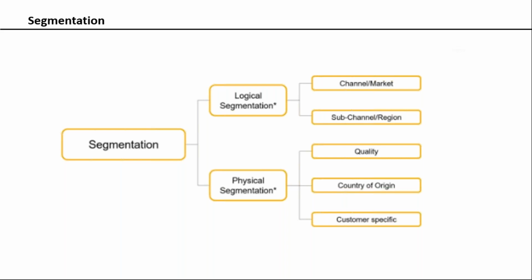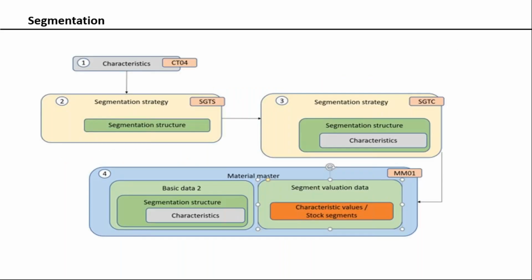That means different attributes of the product, so inventory can be differentiated based on different product attributes. These are the main functionalities. You have to create characteristics and a segmentation strategy, and there are some material master settings required to enable this functionality throughout procurement, sales, production, quality management, and inventory.